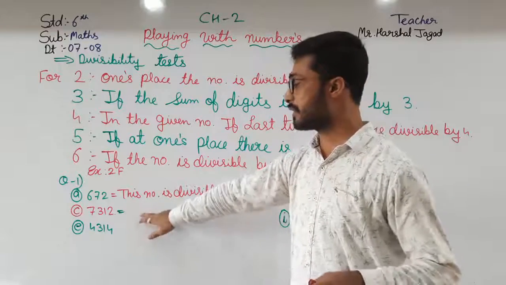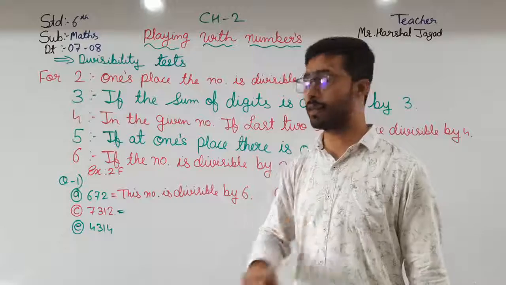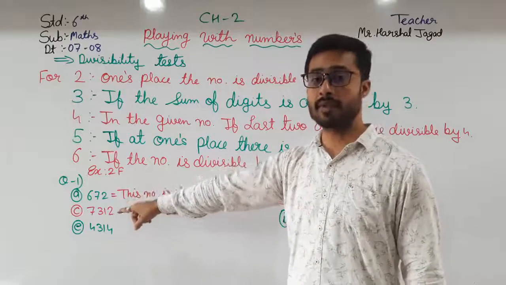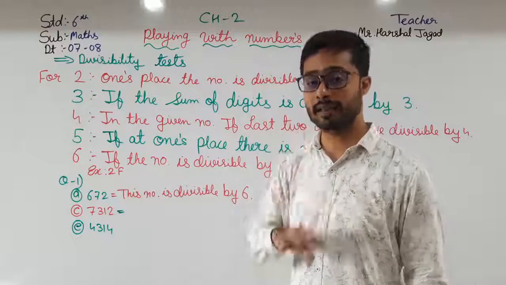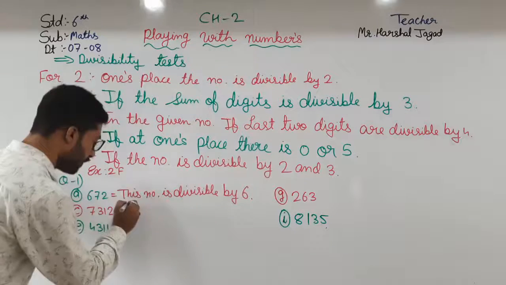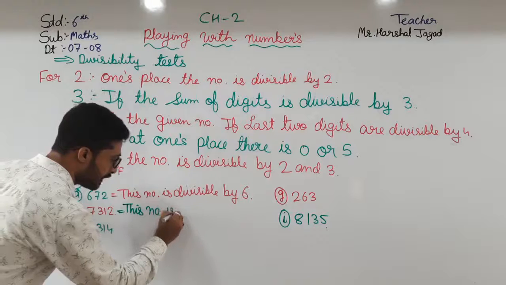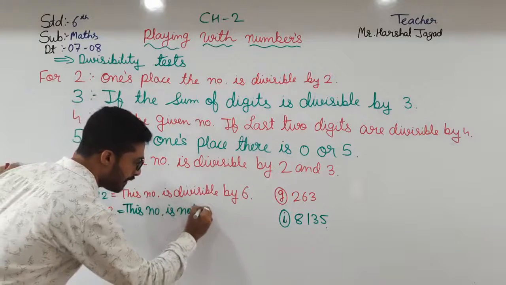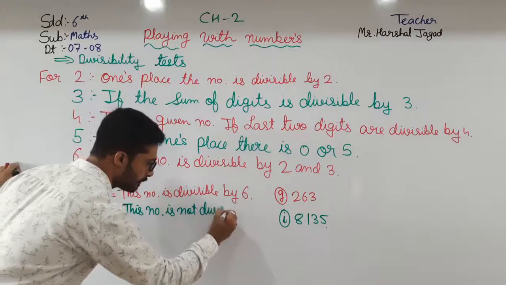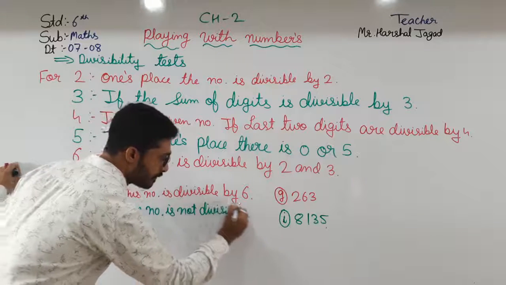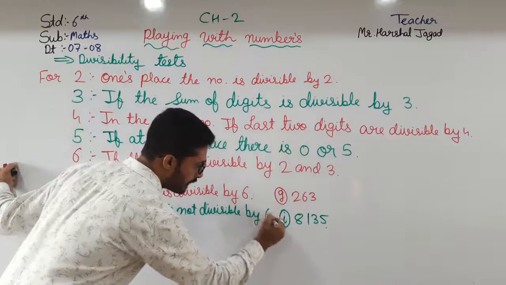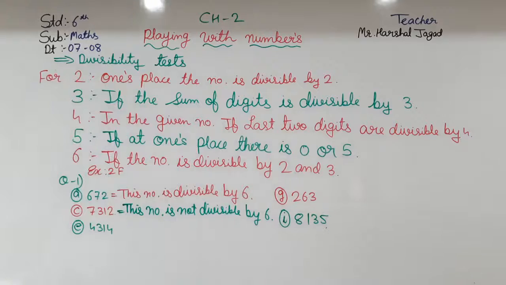So this number is not divisible by 6. Why? Because it is divisible by 2 but not divisible by 3.